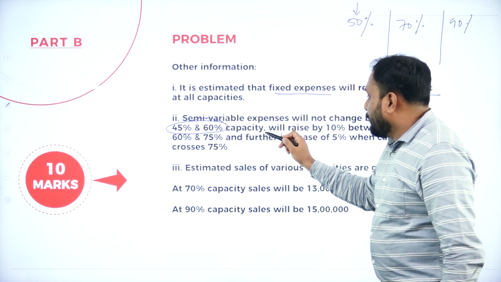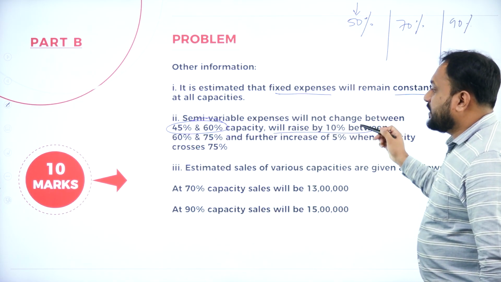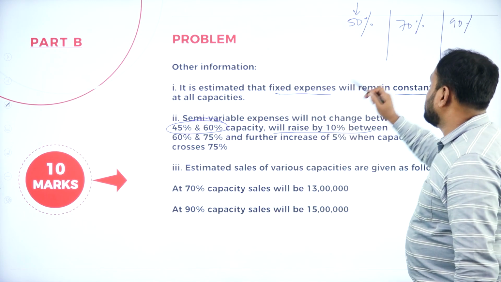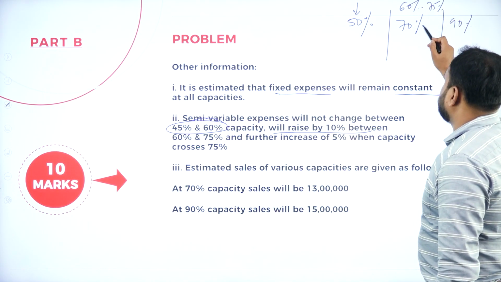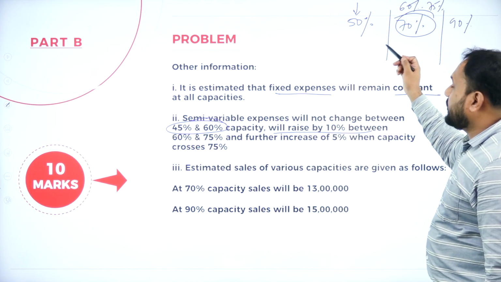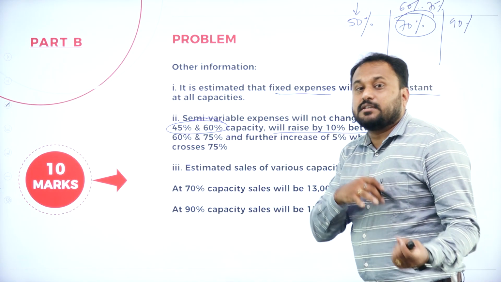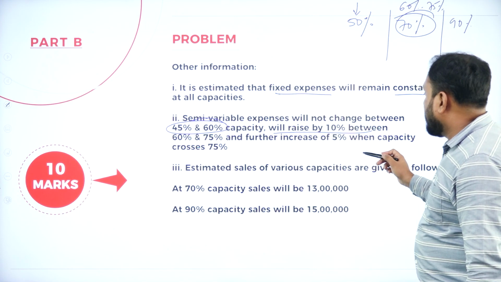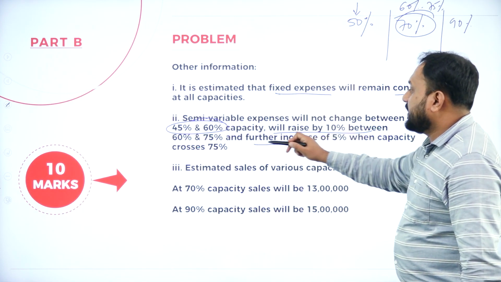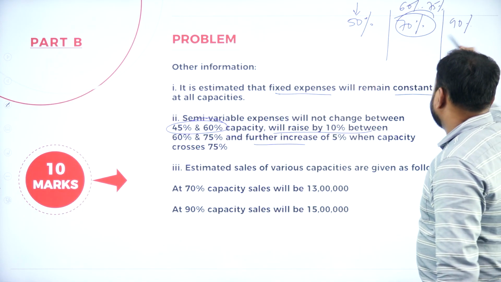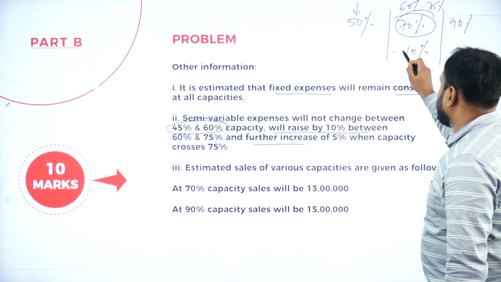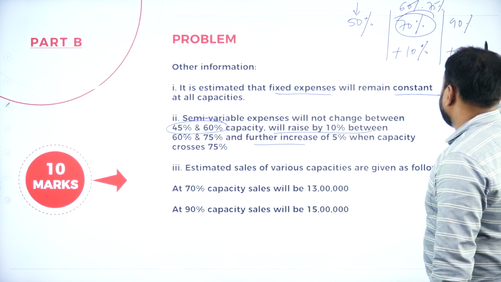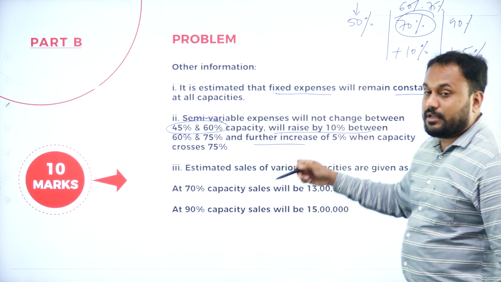Next, they will rise by 10% between 60% and 75%. That means we need to increase by 10%. Next is the further increase, that means after 75, that is 90. Here we need to increase by 5%. So be very careful about it.